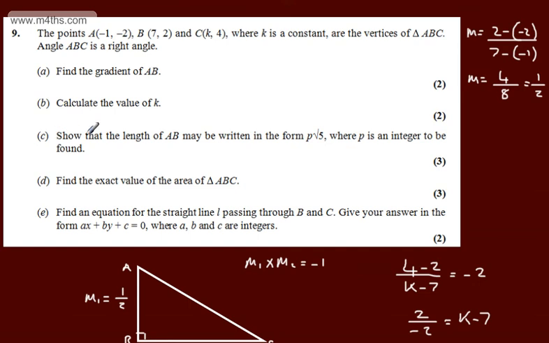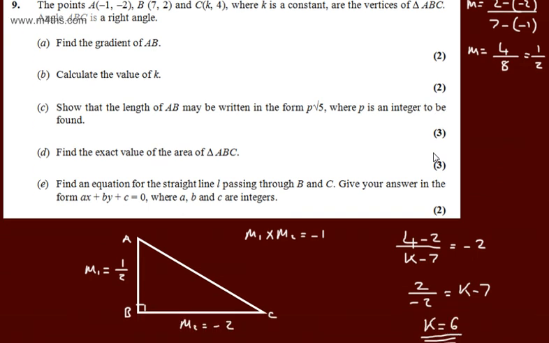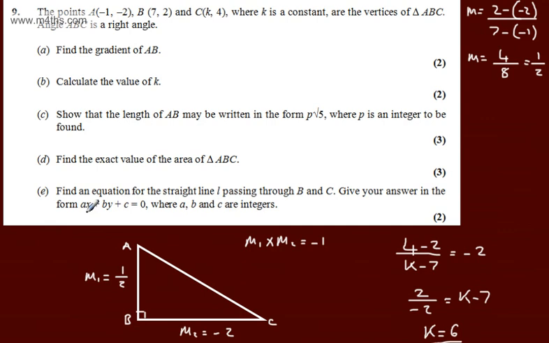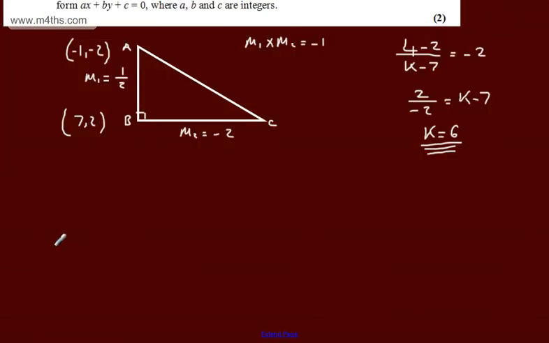In part C, we need to show that the length of AB may be written in the form p root 5, where p is an integer to be found. The question carries 3 marks. So we have A, which is (-1, -2), and B, which is (7, 2), and all we need to do is use the distance formula. The distance formula is Pythagoras.